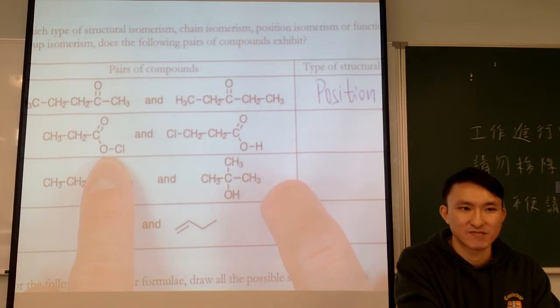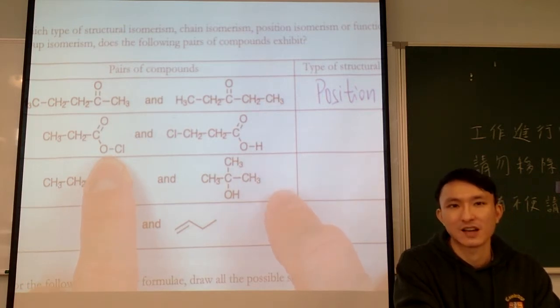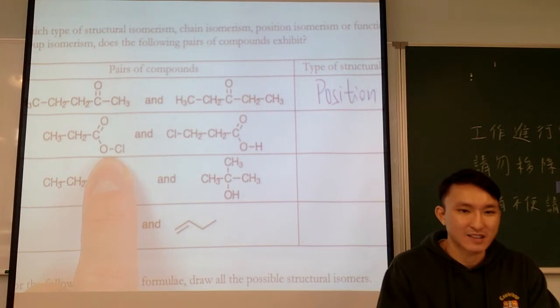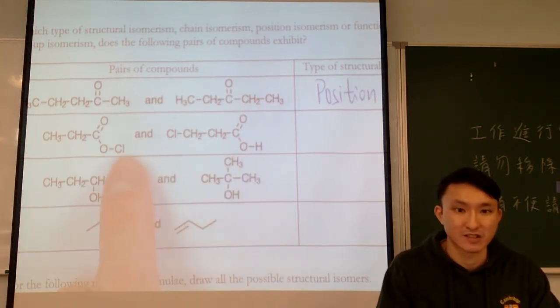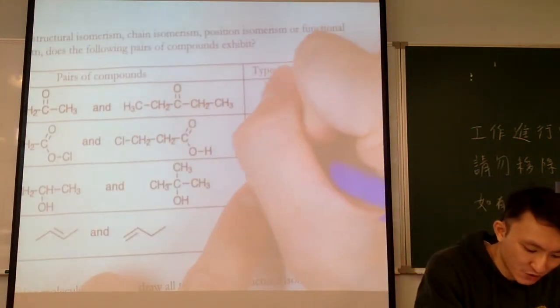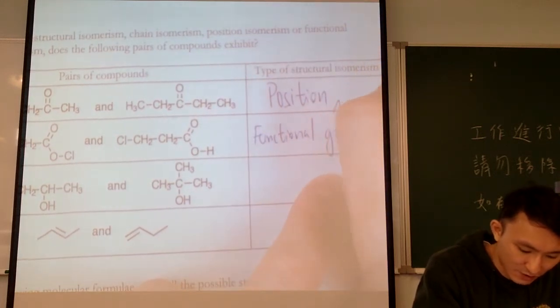This is something that you haven't learned. We call it acyl chloride. But anyway, at least you should be able to tell me that there is a carboxyl group here where there is no carboxyl group there. So that one must be functional group isomerism.